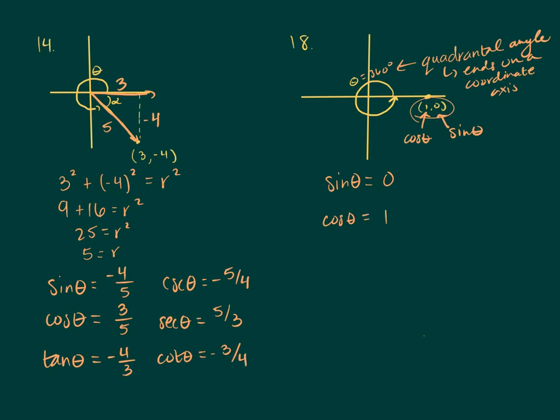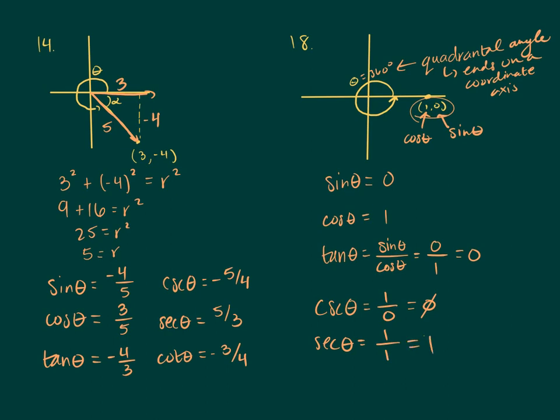And then recall when I wrote down the definitions for tangent, I said tangent is equal to sine theta over cosine theta. So since sine theta is 0 and cosine theta is 1, tangent is 0. Okay. Cosecant theta is the reciprocal of sine, so that's 1 over 0, which is undefined. Secant theta is the reciprocal of cosine, so that's 1 over 1, which is 1.